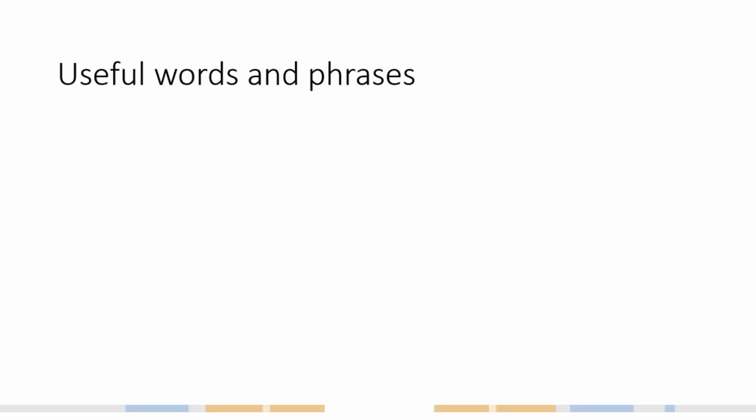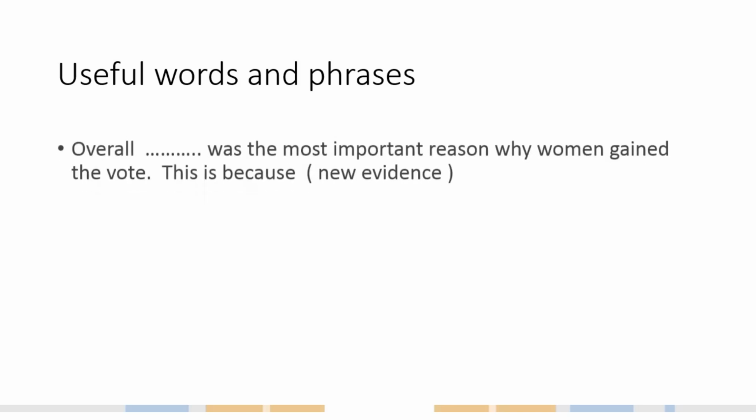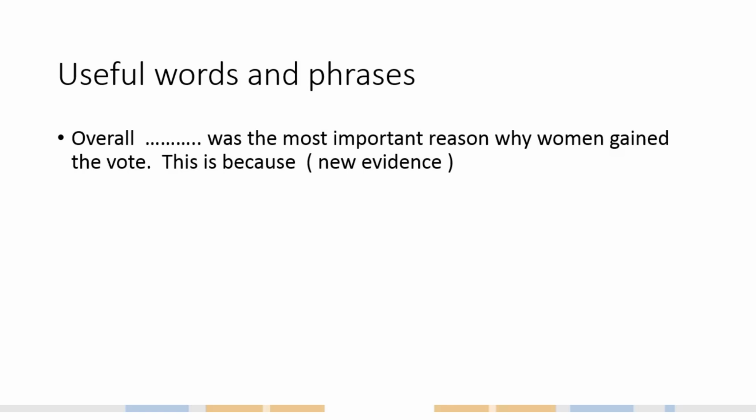Right, useful words and phrases then that you might want to use when you're making your evaluative statements. I'm going to give you some examples of the sort of way in which you can write an evaluative statement. And the first one here is starting with the word overall. Overall, the First World War, for example, was the most important reason why women gained the vote.